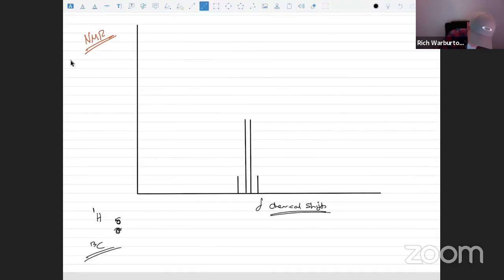Actually, let's draw the molecule, because it does make life easier. So you're going to get a high resolution spectrum. This is ethanol, of course, nice and straightforward.